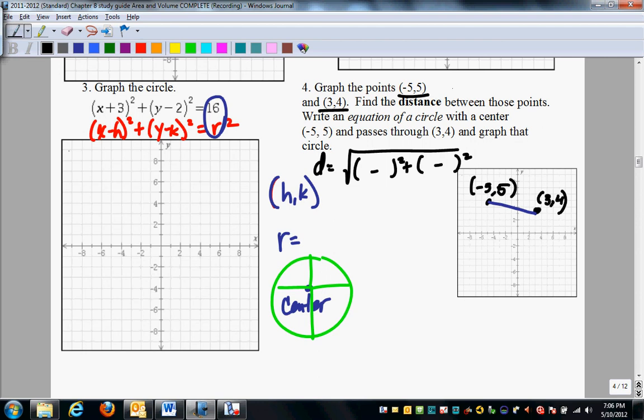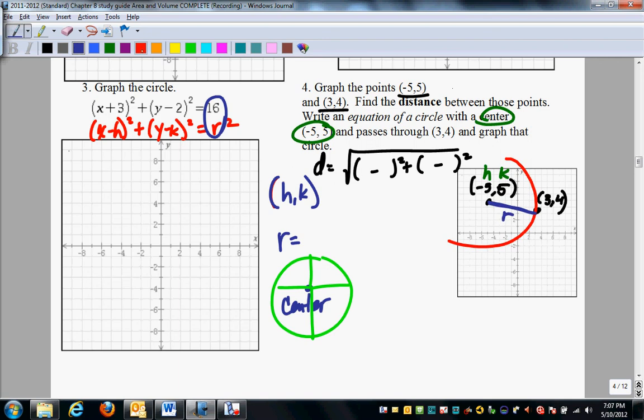And once you solve for that distance, it says write an equation of a circle with a center, now we just identified this right here, -5, 5, as our h, k, but passes through the point 3, 4. That means we have a circle here that's going to go through 3, 4. That means this distance that you find is your radius, whatever it is.